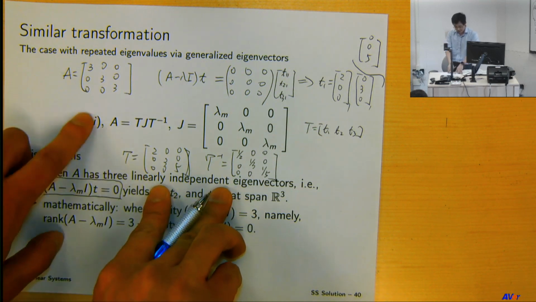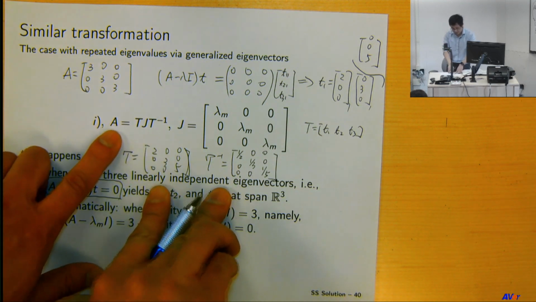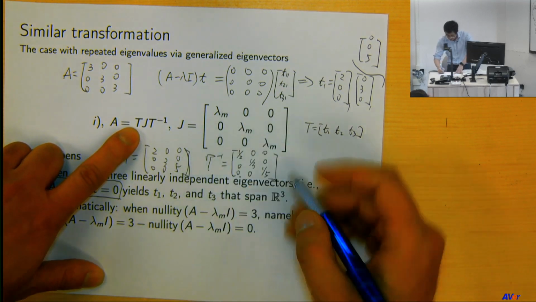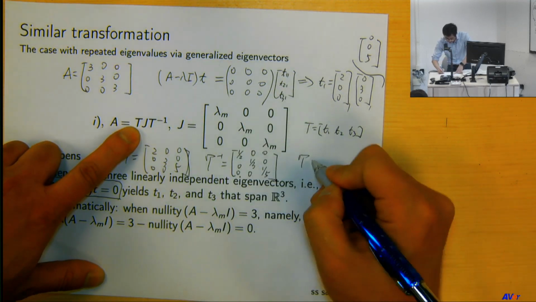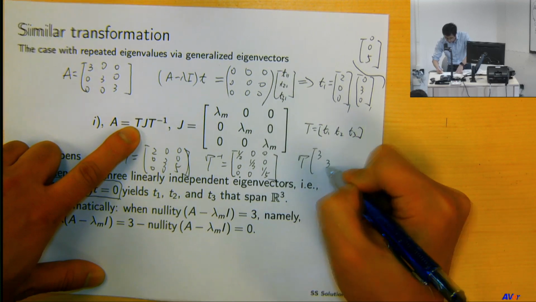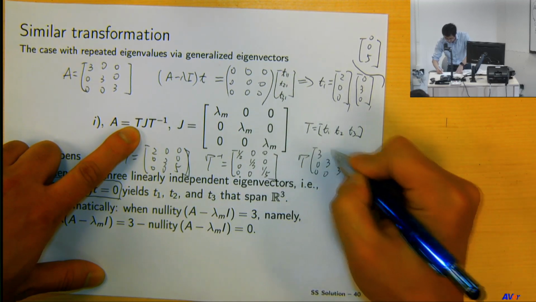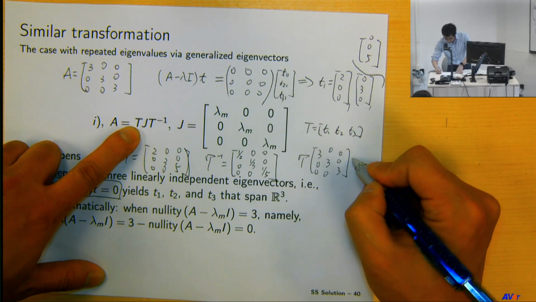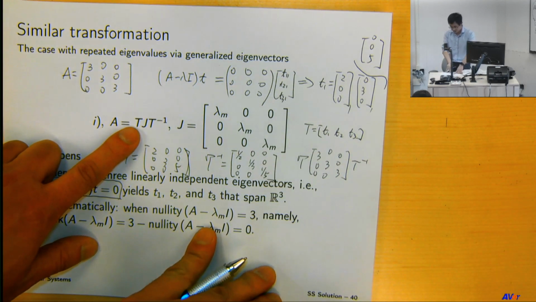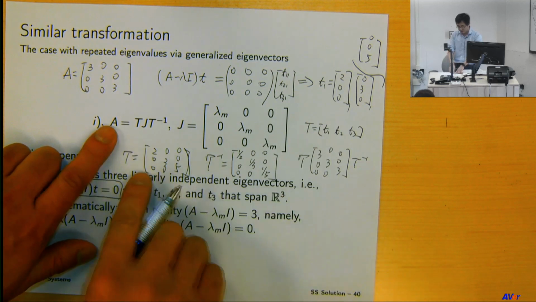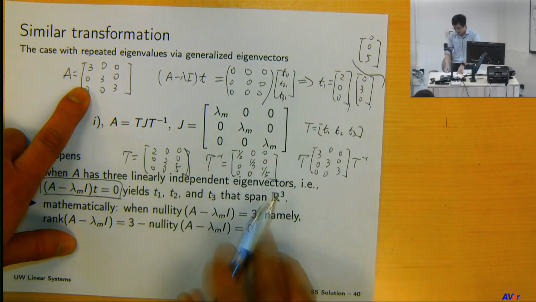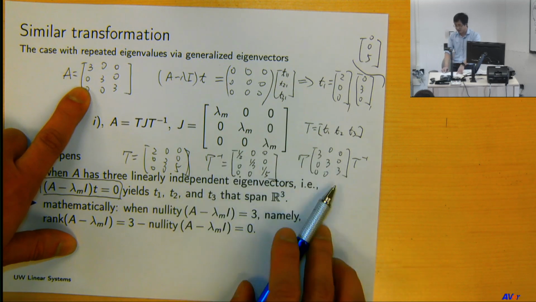We can check that this actually works. So if you do T times J, J is 3 by 3, times T inverse, you can verify that it actually equals A. All right, so this is a simple enough diagonal matrix computation.